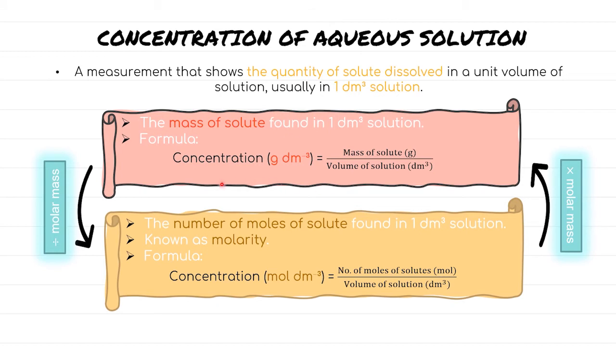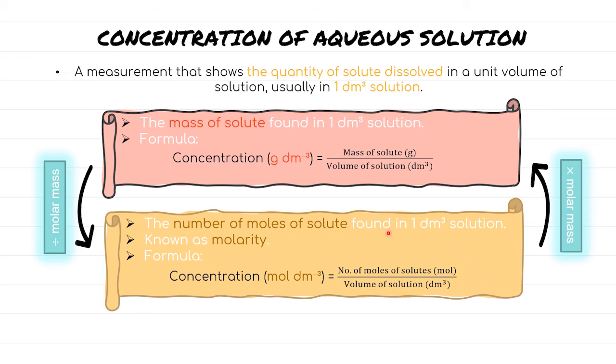But if you want to calculate the number of moles of solute found in 1 decimeter cubed of solution, also known as the molarity, the calculation is the number of moles of solute divided by the volume of solution in decimeter cubed.